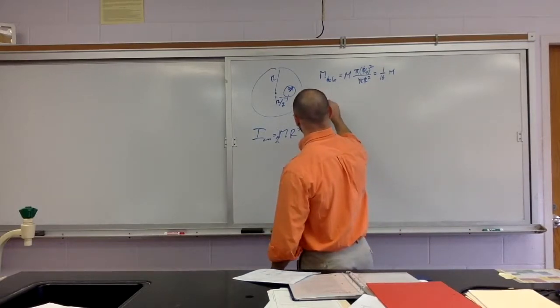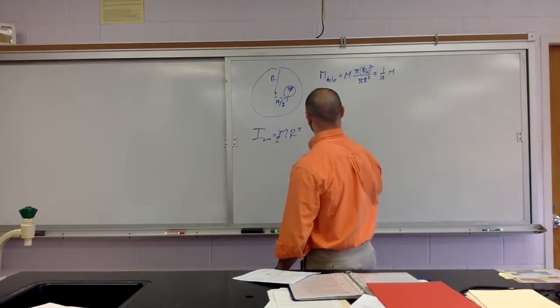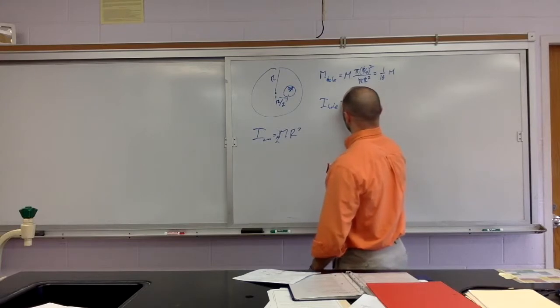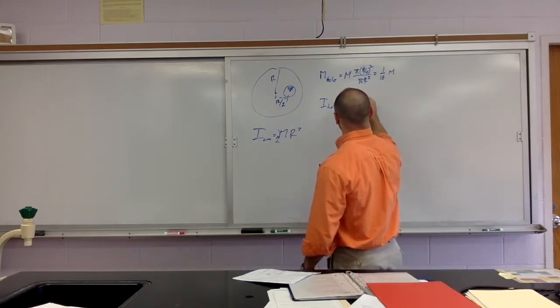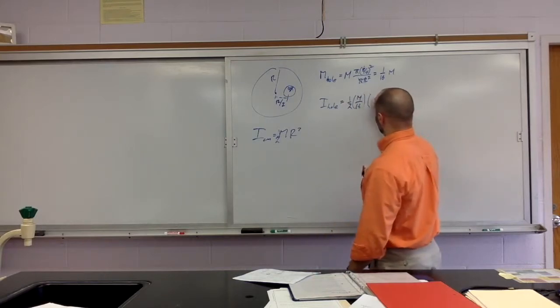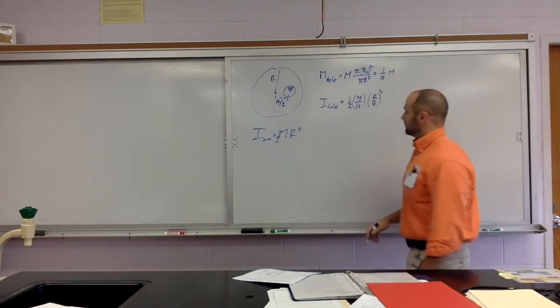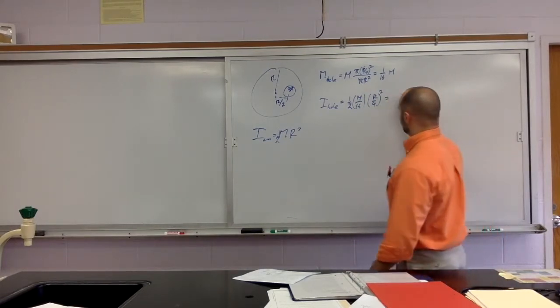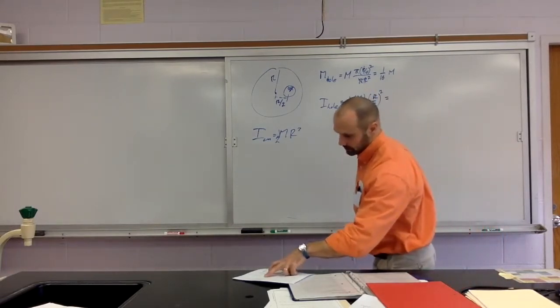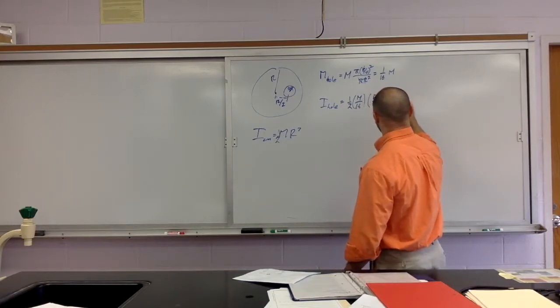Now the moment of inertia of the hole is going to be 1/2 the mass of the hole times the radius, so r over 4 squared. And this comes out to, let's see, 1 over 512.